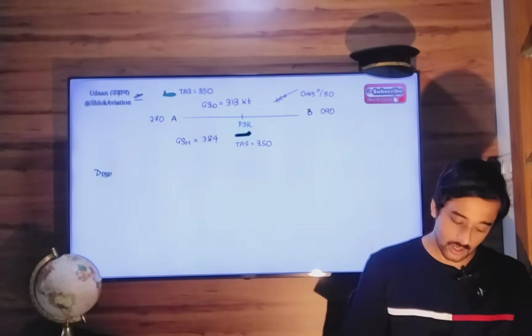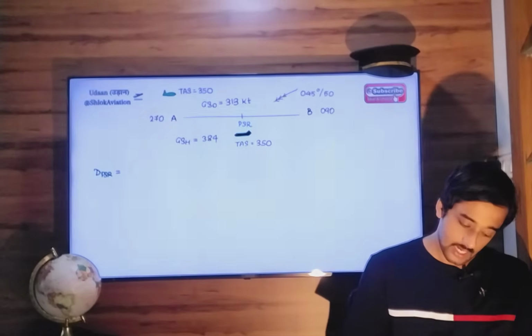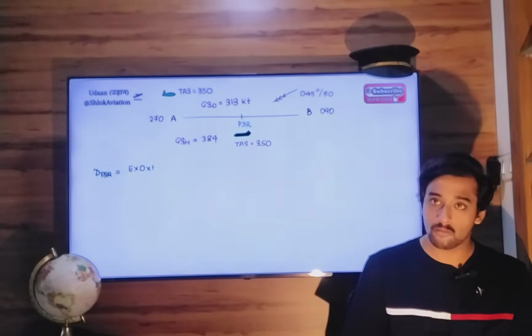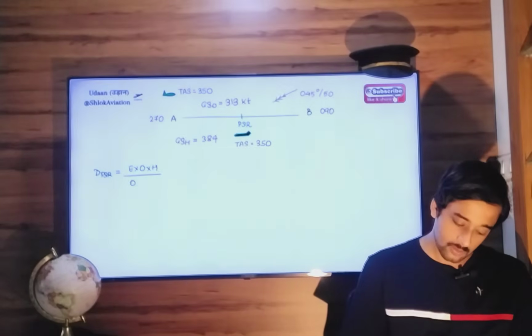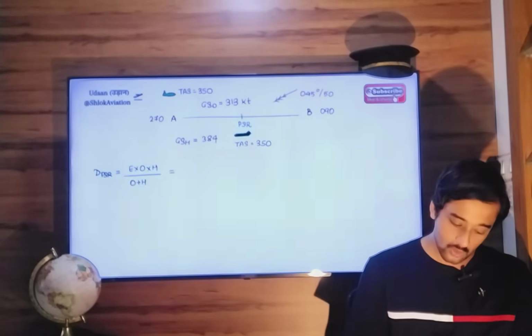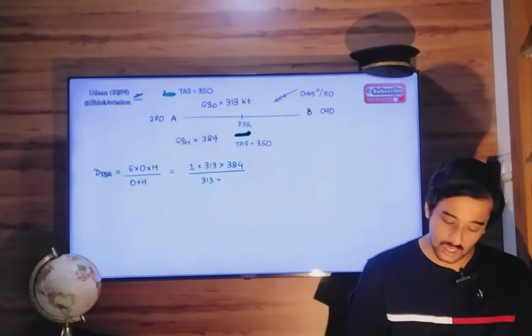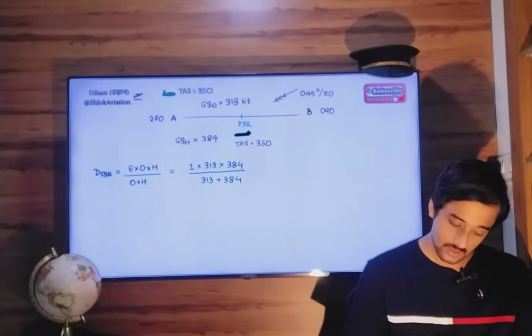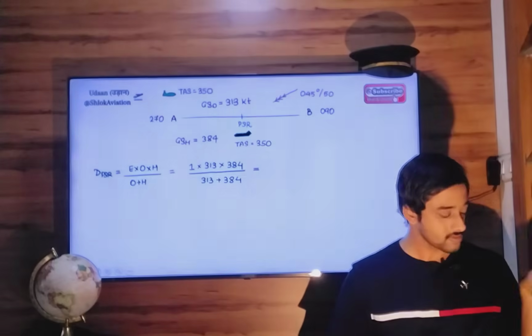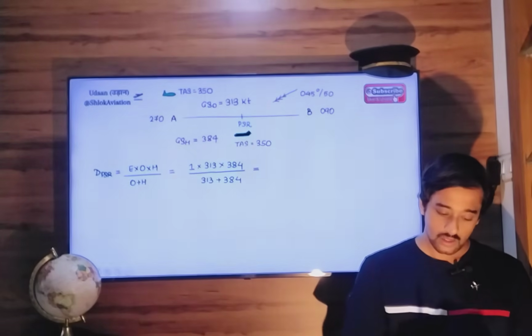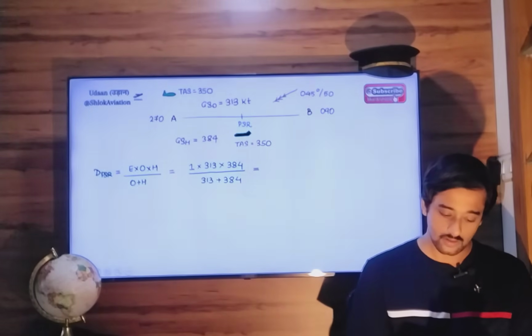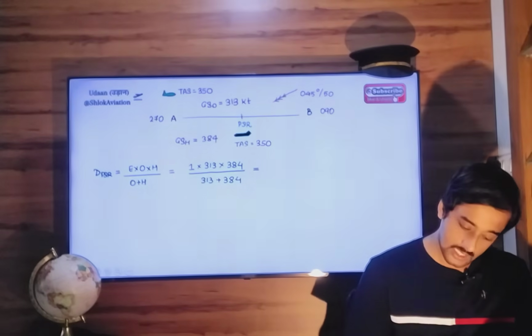Now, what is the distance to the point of safe return? The distance to the point of safe return is endurance into outbound into homebound divided by outbound plus homebound. So 1 into 313 into 384 divided by 313 plus 384. 313 plus 384 is 697.